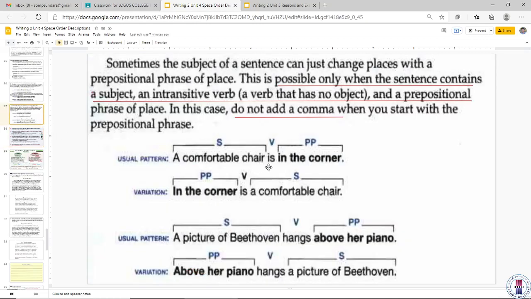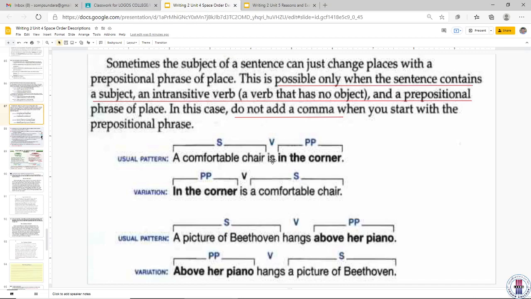A comfortable chair is in the corner. So is the verb to be. And the verb to be is usually always, I don't want to say always, 95 to 99% of the time, an intransitive verb. It does not need an object. Remember the object of a sentence.